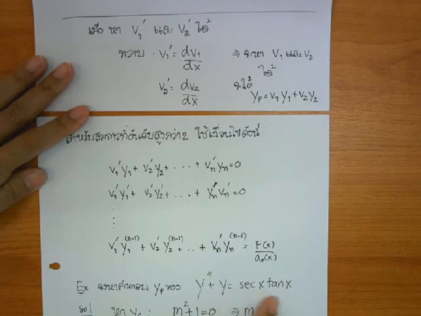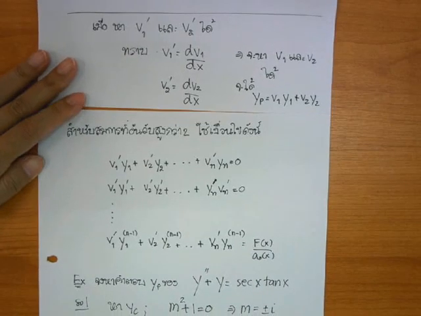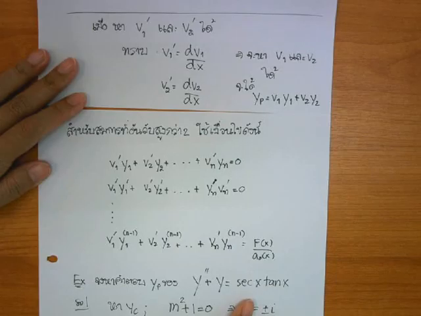Both functions here are not UC functions, right? A UC function is of the form of sine, cosine, or an exponential. So you cannot use the undetermined coefficient method to find yp, because this function is not a UC function. You cannot use the shortcut.